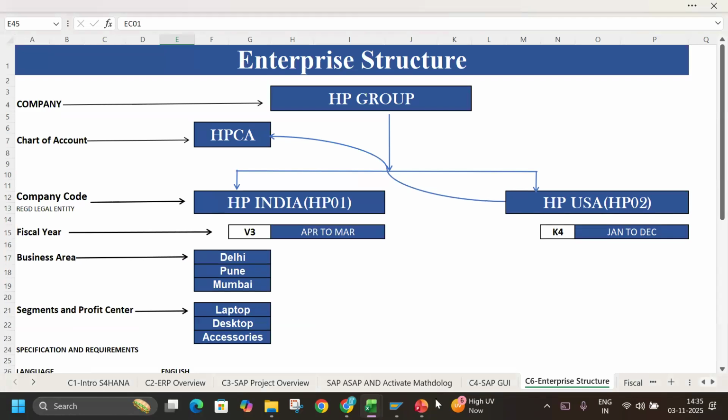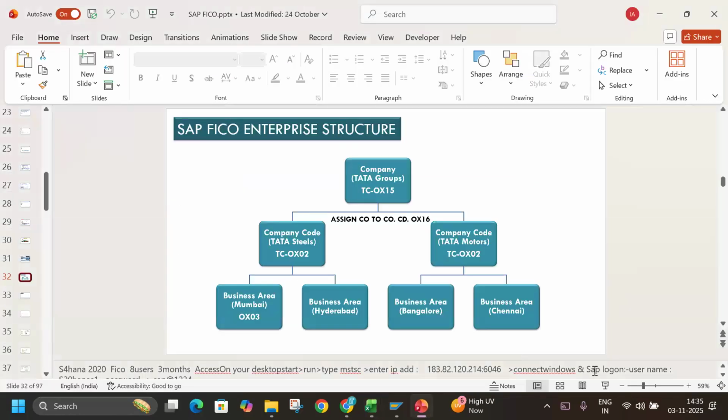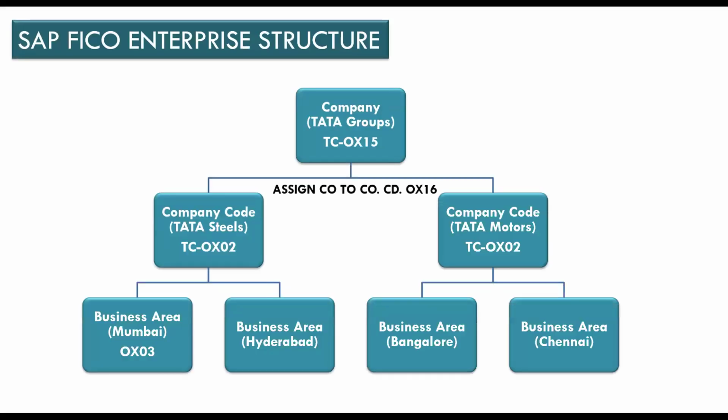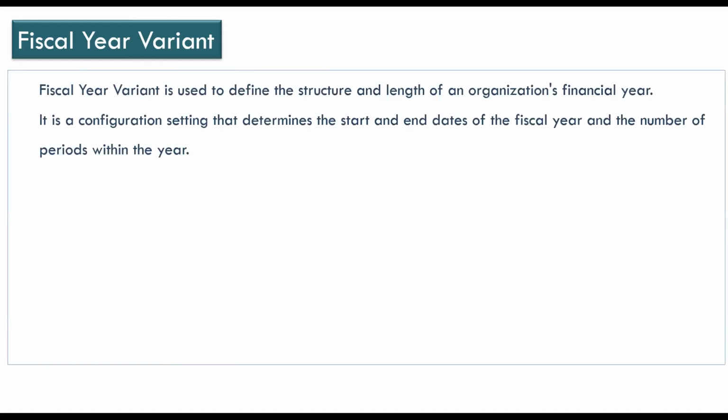Now very important is to learn about the fiscal year variant. So we are done with the company and enterprise structure. Now we will go with the fiscal year variant. So basically, fiscal year variant is used to define the structure and length of an organization's financial year.